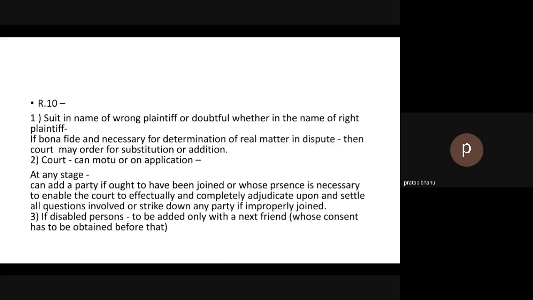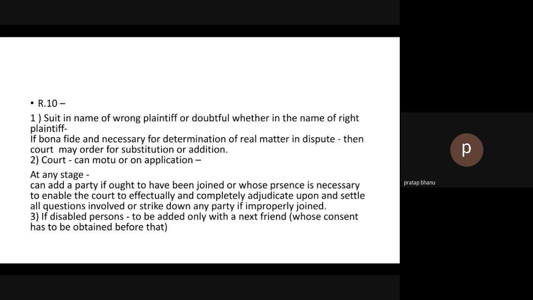So there are three courses available to the court where a party has been wrongly added or ought to have been added but was not. One is that it can allow the amendment to be filed by the parties, either it can strike down or add any party, or it can dismiss the suit as the case may be.